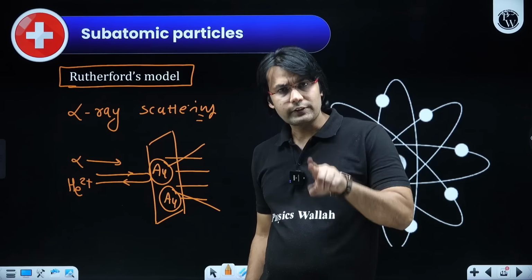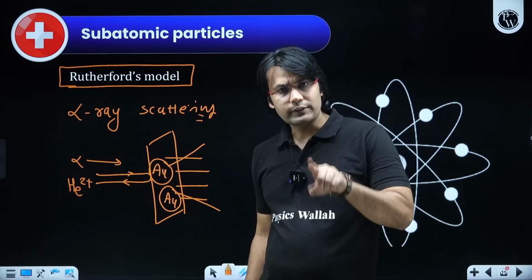Now, the next point is, after Maxwell's explanation of electromagnetic waves, we were able to explain some phenomena like interference and diffraction. But there were certain phenomena which we were unable to explain, and that's why Planck's quantum theory came. We had phenomena like the photoelectric effect and black body radiation.